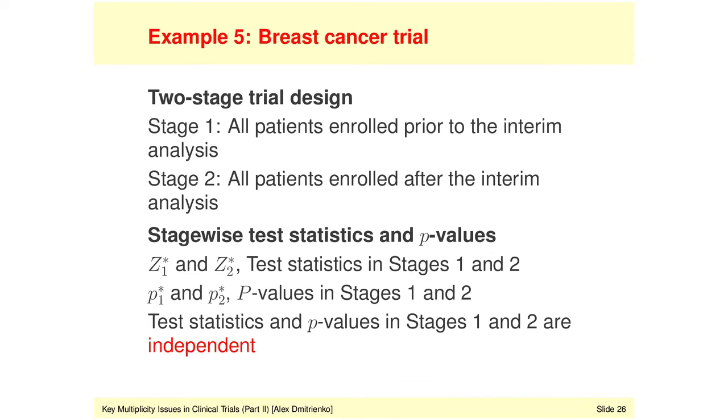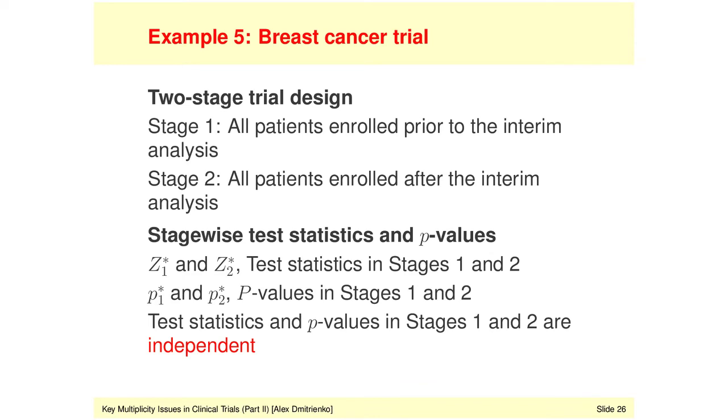Using the ideas summarized in the diagram that I presented on slide 24, we know that to construct a method for controlling the overall type 1 error rate in this trial with complex decision rules, we will need to simultaneously and creatively apply two different principles. First, the closure principle will be applied and it will help us handle multiplicity induced by the first source.